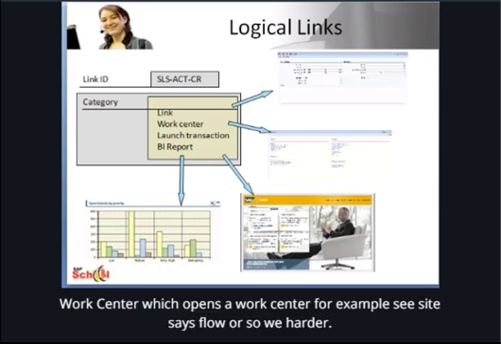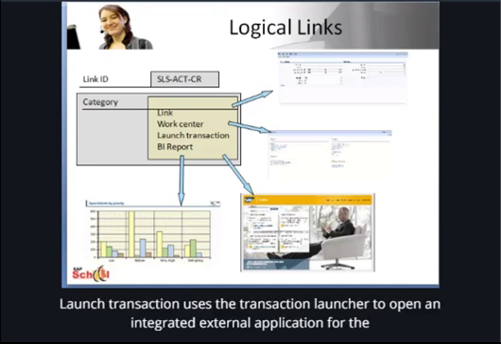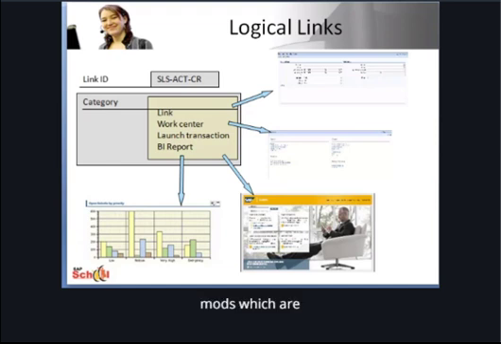Work center, which opens a work center, for example, sales cycle, Sales Pro, or service order, Service Pro. Launch transaction. This uses the transaction launcher to open an integrated external application. And the fourth one is BI reports, which open a BI report page.